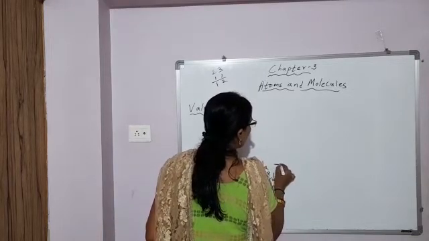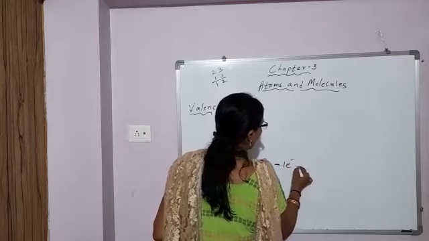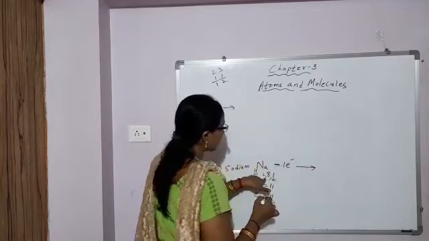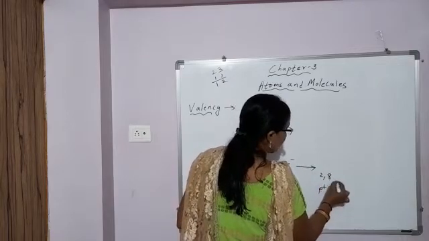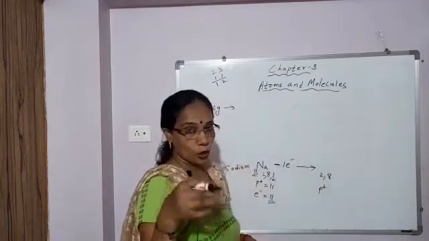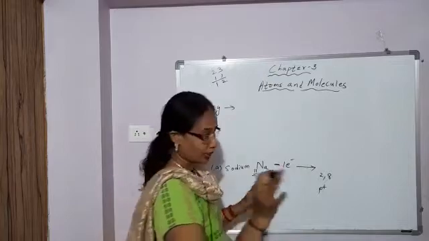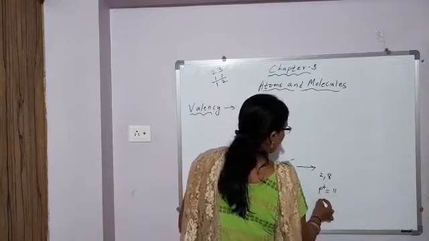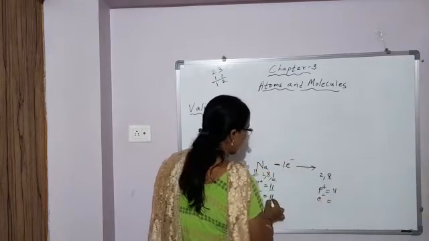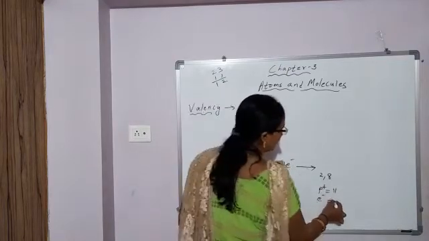As it is losing, minus sign, how many electron? 1 electron it is losing. After that the configuration becomes 2, 8. And proton, which is in the nucleus, when it loses electron, no change in the nucleus, protons remains the same, 11. And electron after losing, 11 minus 1, 10.